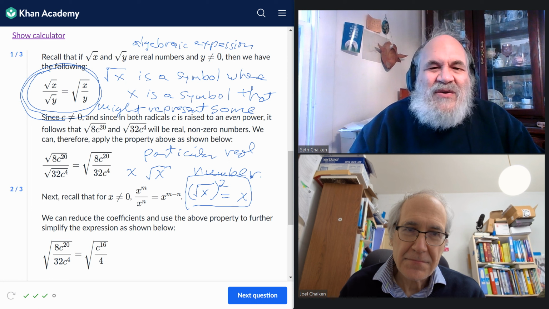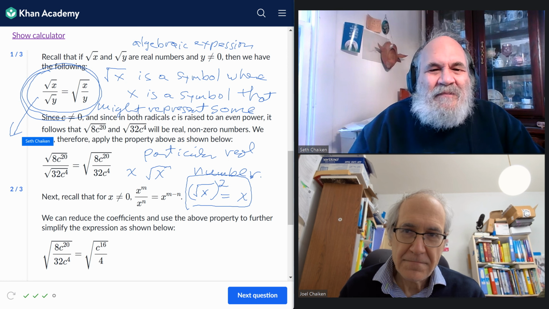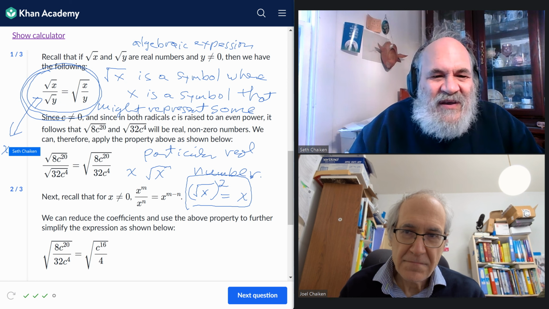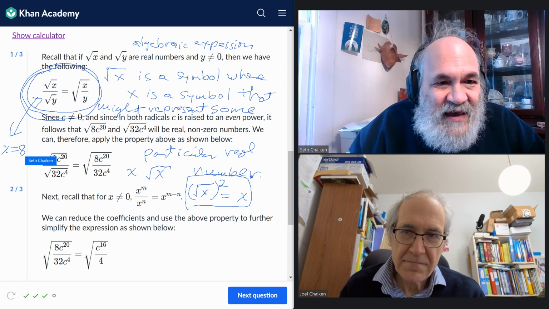Number two is the principle of substitution. You could combine this formula with a substitution where x is replaced by 8 times c to the 20th, and y is replaced by 32 times c to the 4th.